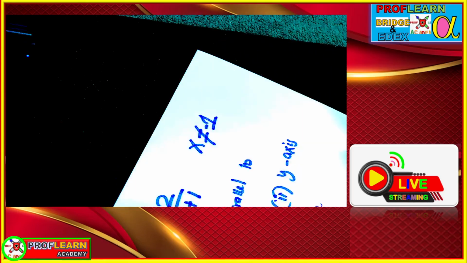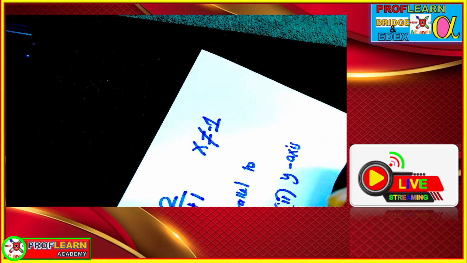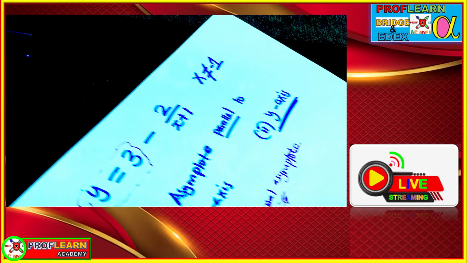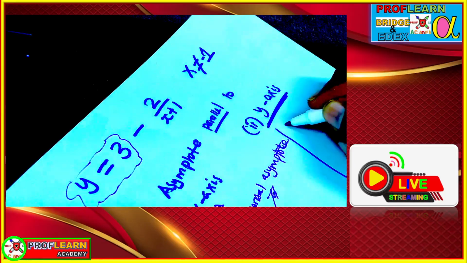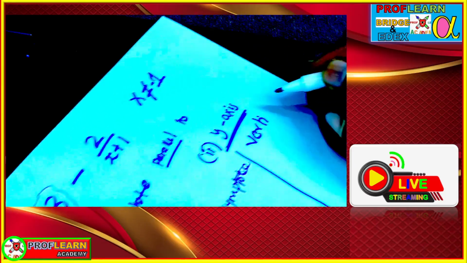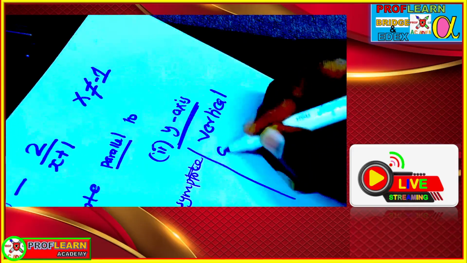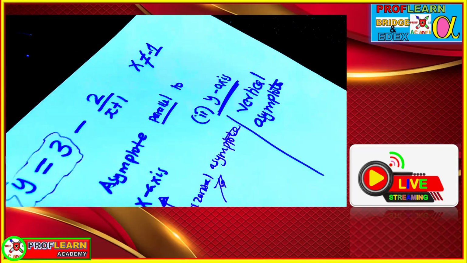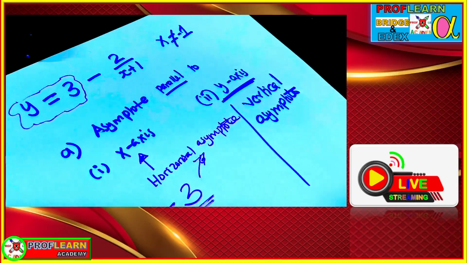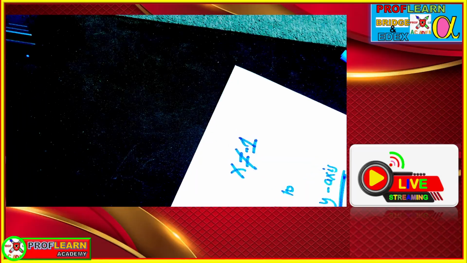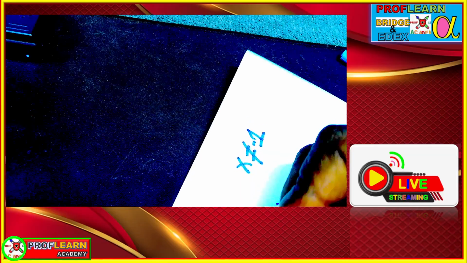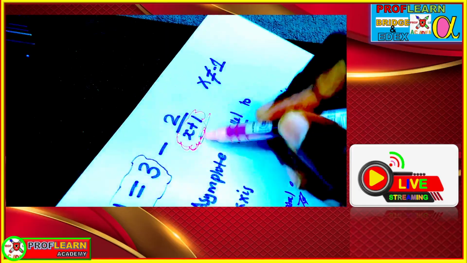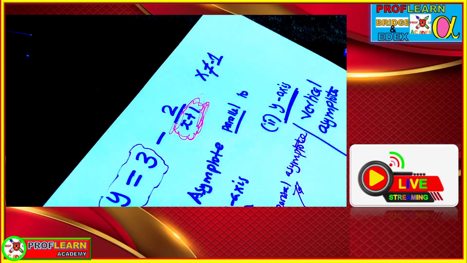Then for you to find the asymptote which is parallel to the y-axis, this is called the vertical asymptote. And for you to find this vertical asymptote, you are going to take this section of the equation here and equate it to 0.